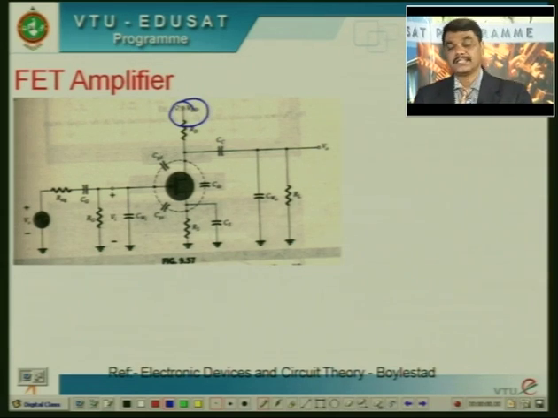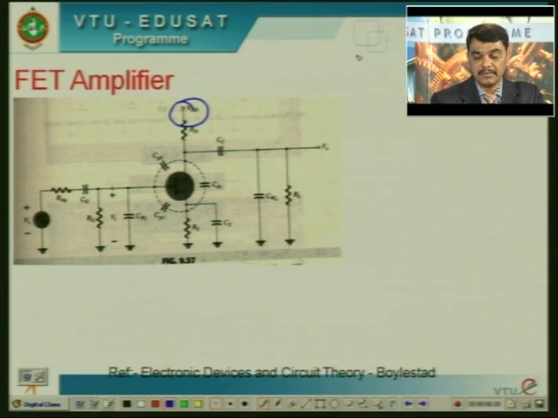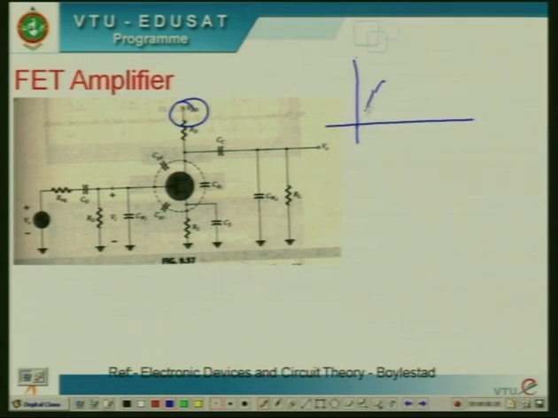For this case, we need to find the bandwidth, which means we need to draw the bandwidth of an amplifier. This is given by the circuit. This is the mid-band gain, that is AV mid, and then for this we need to calculate the 3 dB frequencies.